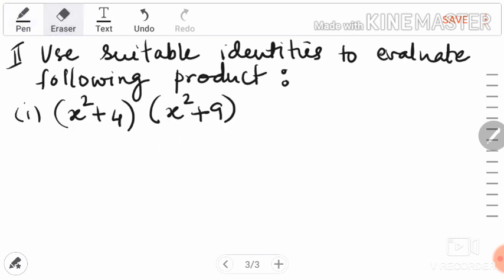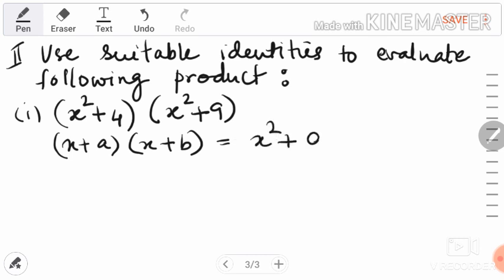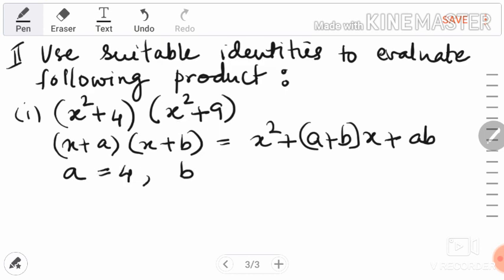So the identity to be used here is (x + a)(x + b), which is x² + (a + b)x + ab. So identify a and b from the question. a is 4 and b is 9.